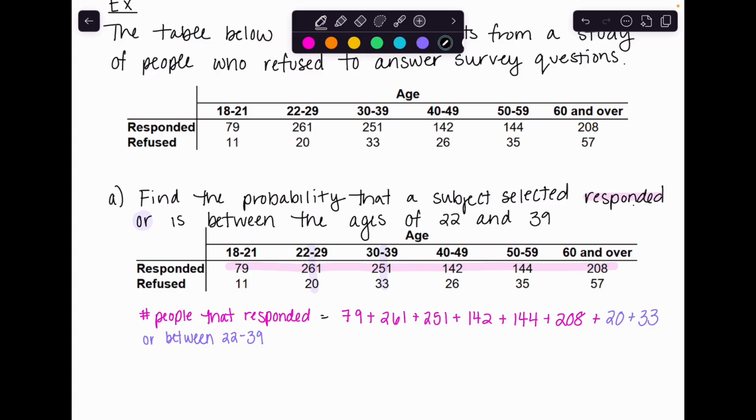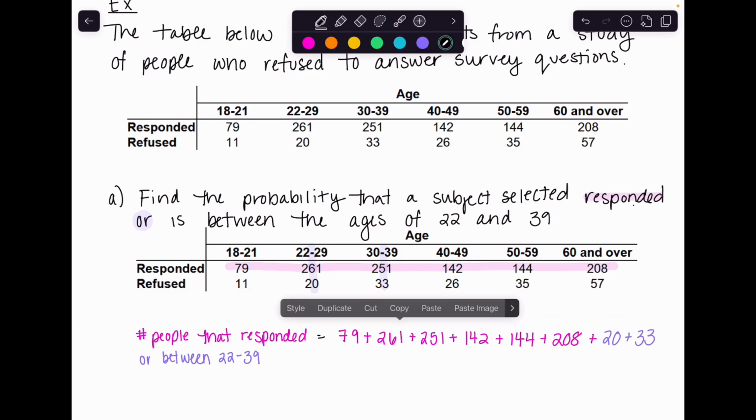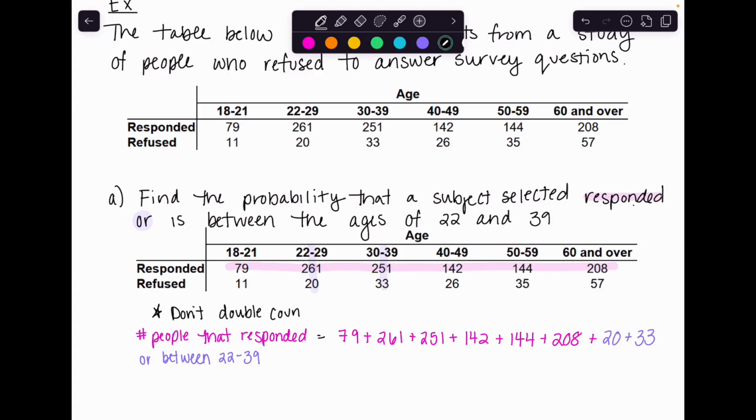So the main thing is you don't want to double count. So I'm going to even move this down a little bit and add this as a note. Don't double count the individuals. So I don't want to double count these 261 and 251 people because I've already put them in responded.